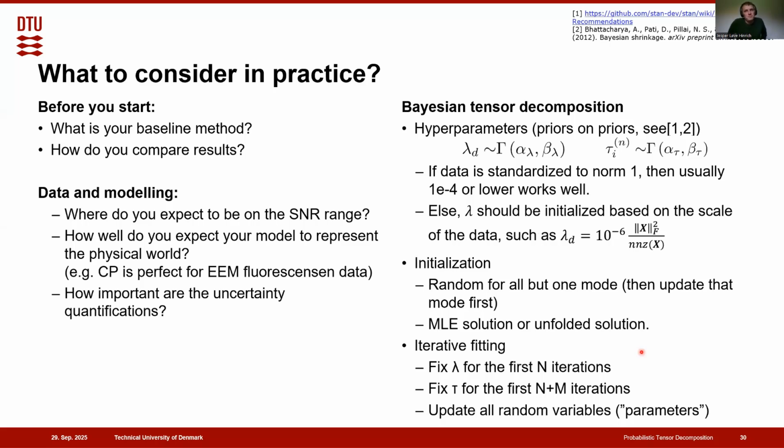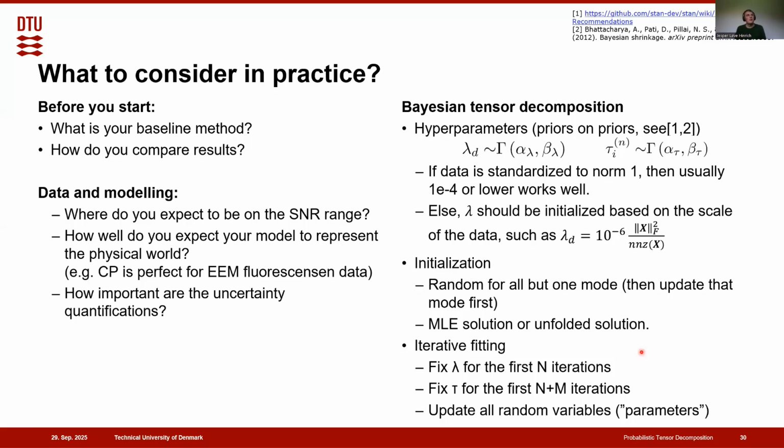In practice, I found that the best thing before doing Bayesian tensor decomposition is to think about what it is that you want to do. What is the baseline method you're comparing against? How do you even compare results, especially since a lot of tensor decomposition problems relate to things where we don't know the ground truth?